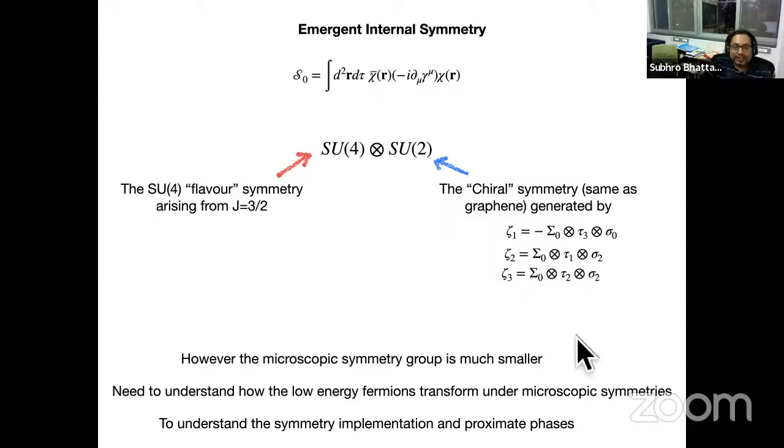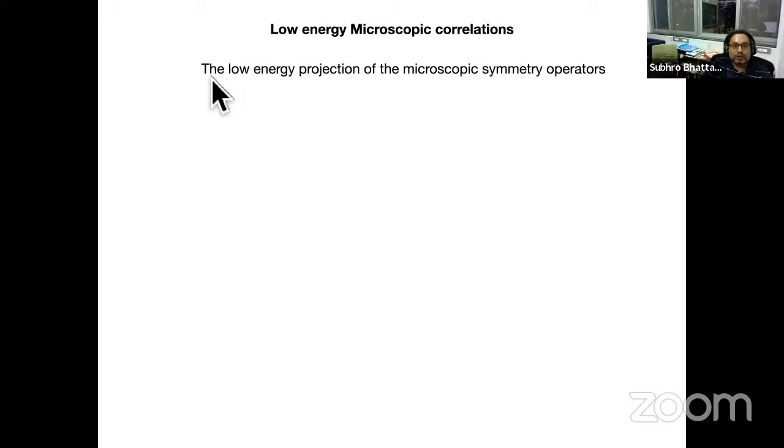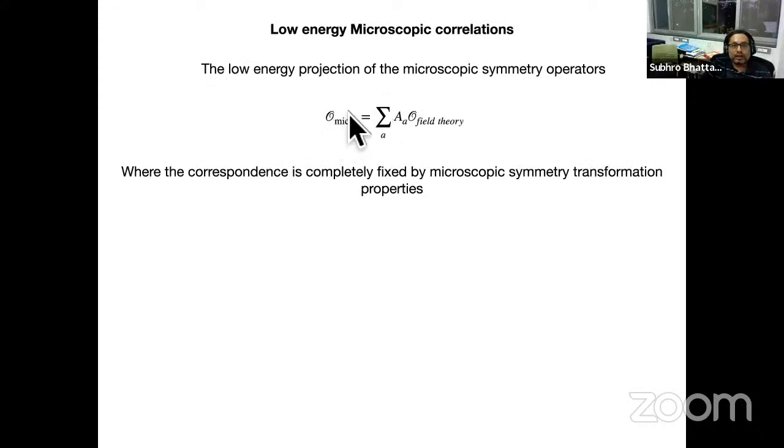So let me try to discuss this a bit more carefully. In terms of the microscopic observables, we have these microscopic electron observables like spin, charge, etc. And often these microscopic observables are related to the low energy field theory observables in some way, as a linear combination of the field theory observables.